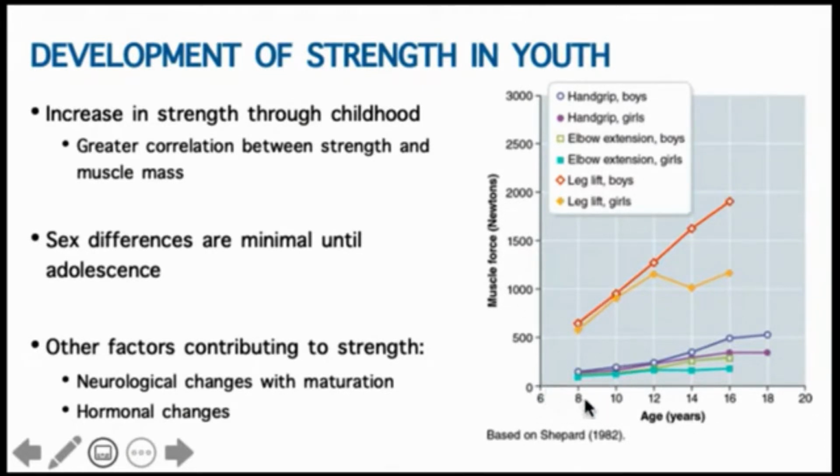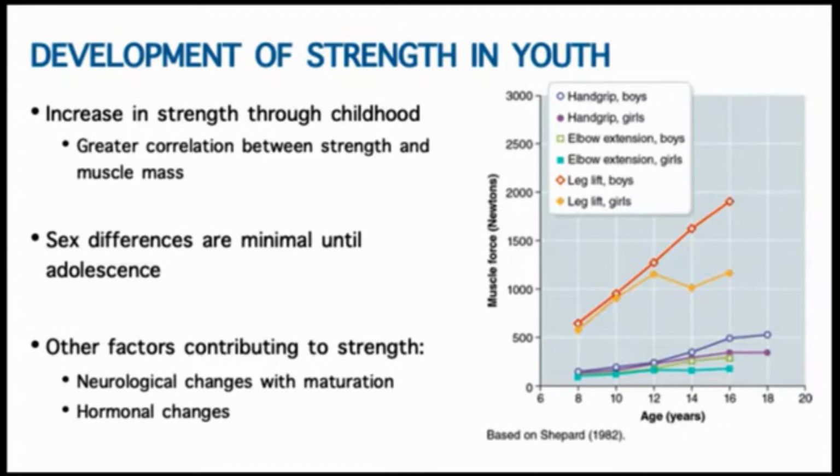Because we have these general increases in growth, overall growth, which is going to mean an overall increase in a person's body weight or body mass. And we can split that mass up into our fat-free mass and our fat mass.